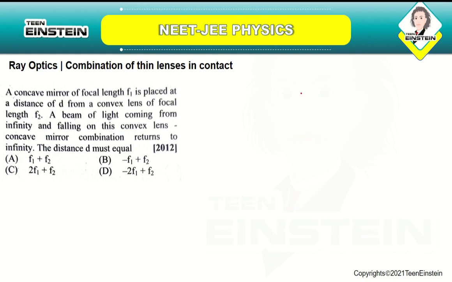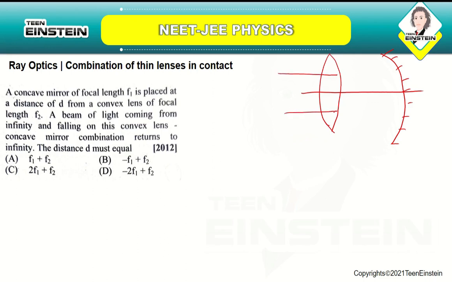Okay, so you are having the mirror like this and a lens over here, and the light is falling on this and passing through it, so it will be coming like this.